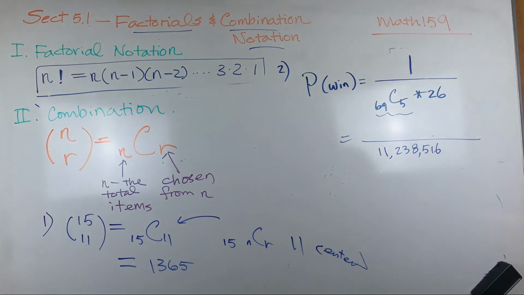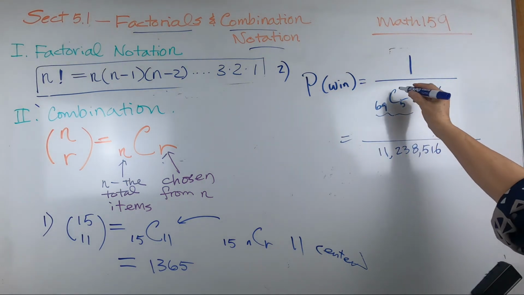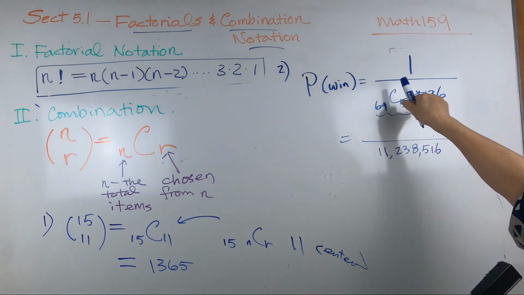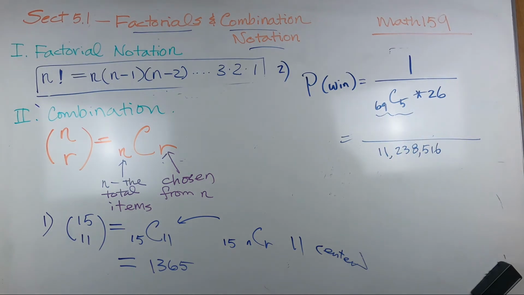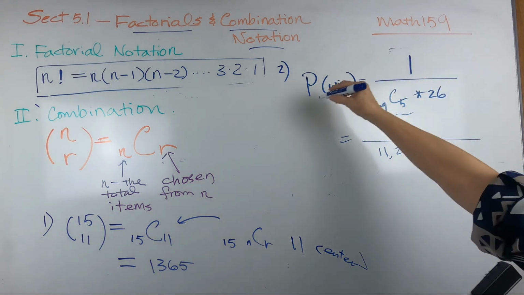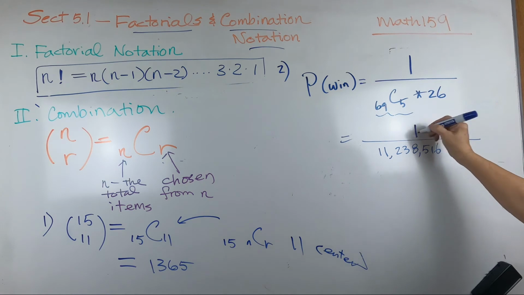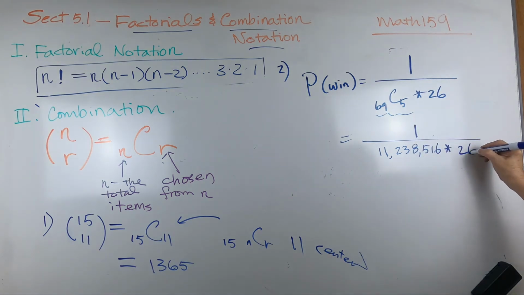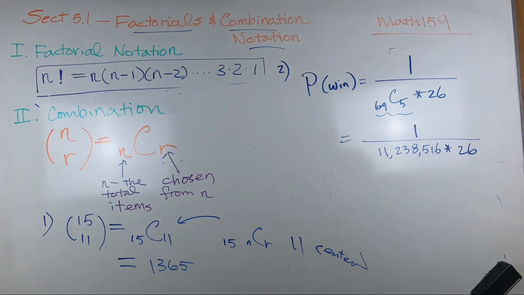Make sure you do that to figure out how you get 69C5. Then to calculate the winning lottery, you need to, according to the formula, plug in all the numbers.